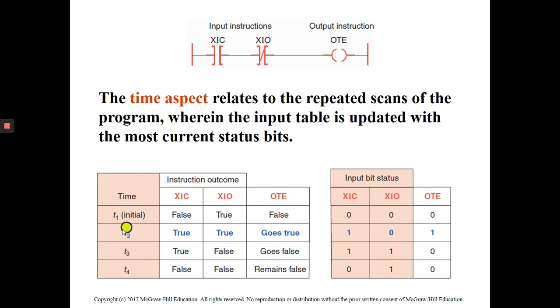Since you have a cycle, some of the input or output instruction statuses will give you, due to the time delay, the status of the previous scan, not of the current scan. This one will take the current scan, and this one will take the previous scan. For that, it will give you the output equal to 1. We are going to continue in the next video.